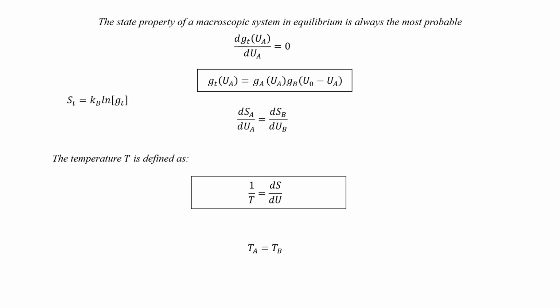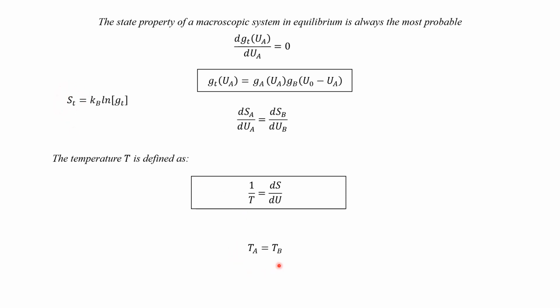And notice that since the energy of equilibrium is the energy that maximizes the multiplicity, in other words, it is the most probable energy, and since the entropy is given by the natural log of the multiplicity, then an energy that maximizes the multiplicity is also an energy that maximizes the entropy of the total system.